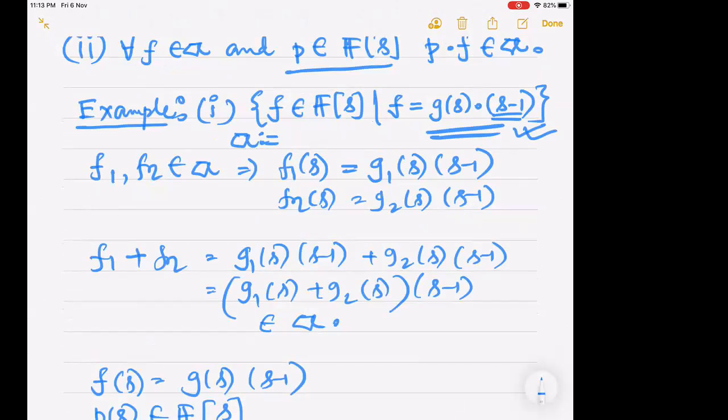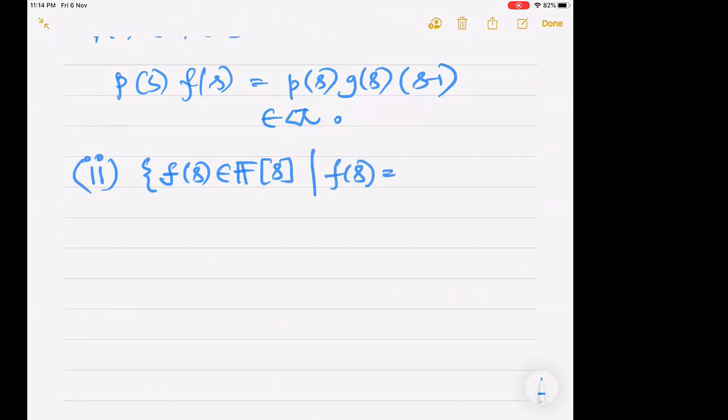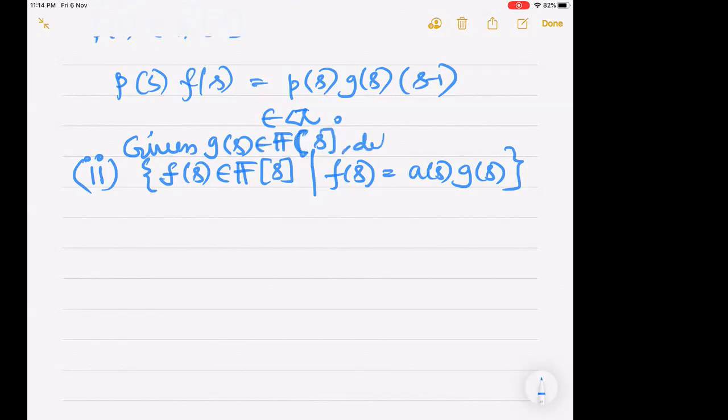Not just s minus 1, you can go ahead and check that any such set which contains all the multiples of a given polynomial is an ideal. So given a polynomial g(s) in F(s), define A as the set of all f(s) in F(s) such that f(s) is equal to some a(s) times g(s). This is an ideal.